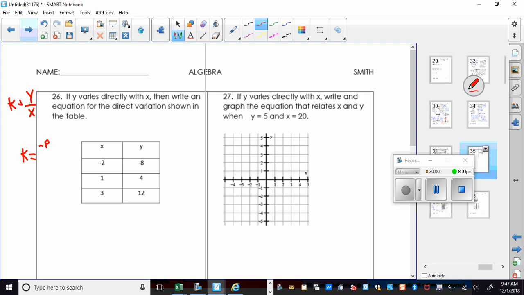So negative 8 divided by negative 2 equals 4. For the next pair, 4 and 1, so 4 divided by 1 equals 4. K equals 12 divided by 3, and it's 4. So my k's are all the same, so y equals 4x is my equation for these pairs of numbers, and this is a direct variation.